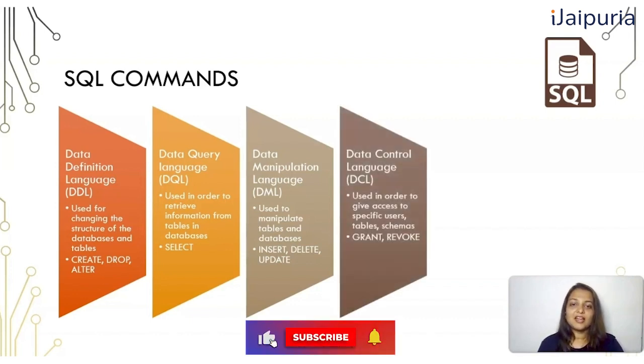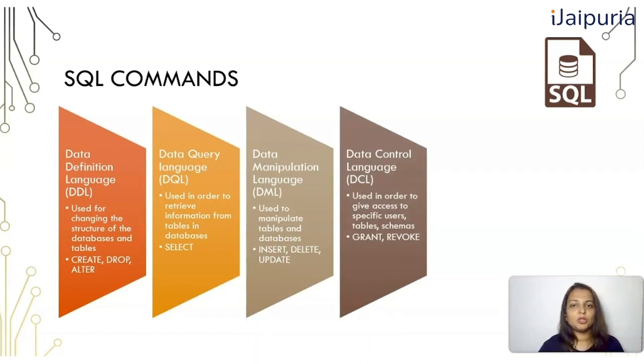Next, we have the data control language. Before speaking about data control language, let me talk of the previous 3 categories of commands. Those are related to creation, manipulation, and querying, and we may use them most of the time.